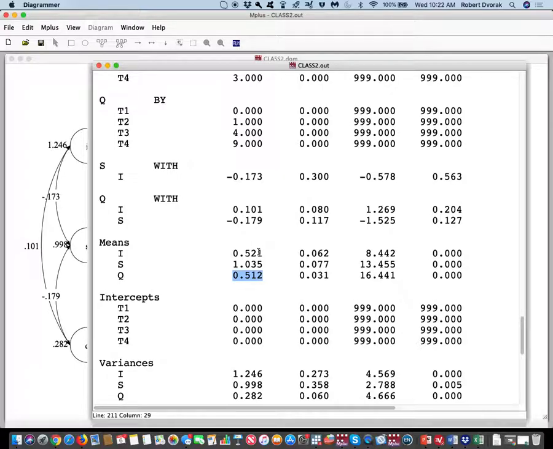Would it be 2? Or no? Like 2.07? Let's have a look. Where did you get 2.07? I added the intercept plus the slope and the quadratic change.